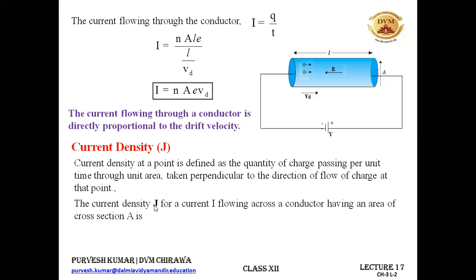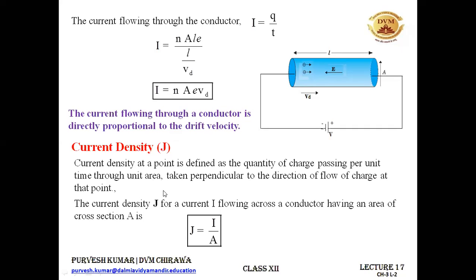The current density J for a current I crossing a conductor having an area of cross section A can be defined as J is equal to I by A. Alternatively, you can write its definition as the current per unit area is current density. And the SI unit for current density is ampere per meter square. Ampere is for current and meter square is for area. It is a vector quantity.